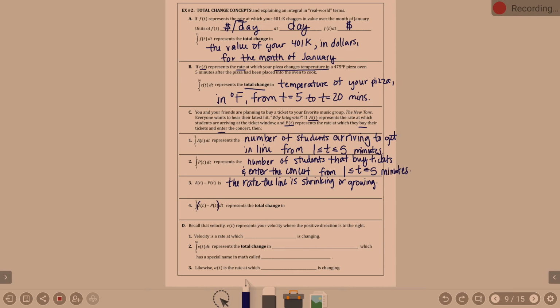So the length of line in students on 1 less than or equal to t less than or equal to 5 minutes.